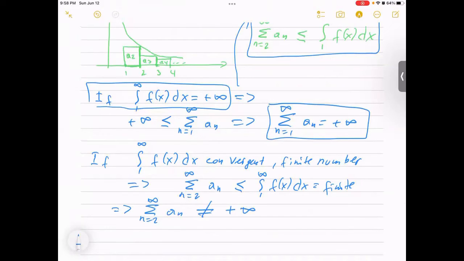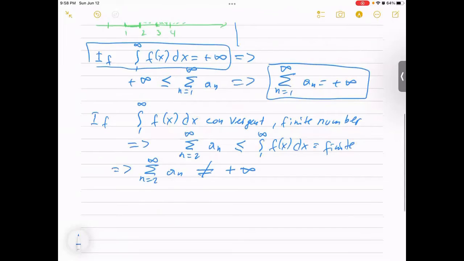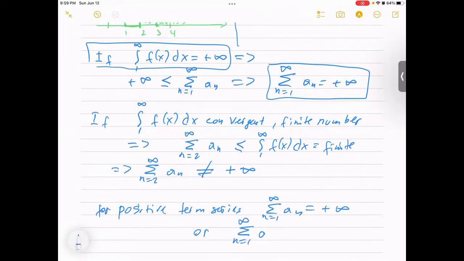And because we're adding up positive terms, we have only two possibilities for a positive term series. Either we keep on adding numbers and we get infinity, or we keep on adding the numbers and it's going to be equal to a finite number.